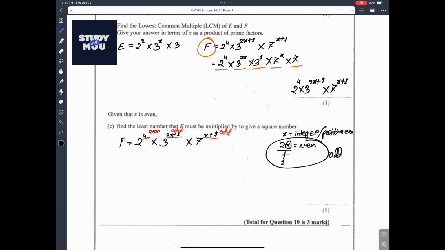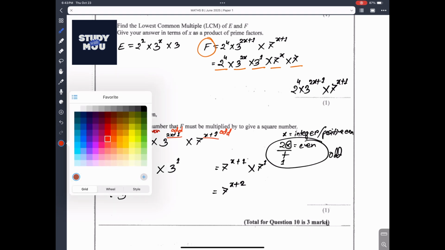So if we want to make it even, let's write 3 to the power 2x plus 1 multiply 3 to the power 1. This becomes 3 to the power 2x plus 2. Also we have 7 to the power x plus 1. If we multiply this with 7 to the power 1, this becomes 7 to the power x plus 2.